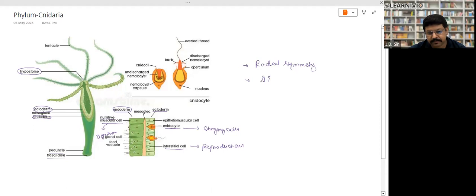This is a diploblastic animal. They have a tissue level of organization. Cellular level organization is found only in sponges. They have a tissue level of organization.